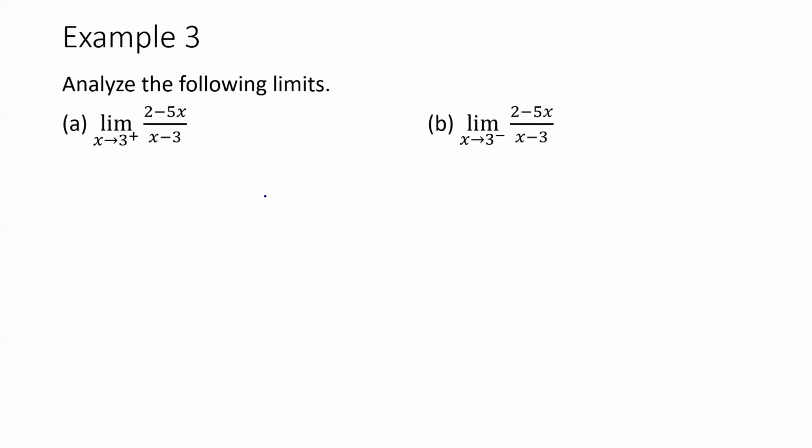So let me do something similar here. Let's look at these examples. We've got the limit as x approaches 3 from the right of (2 minus 5x) over (x minus 3). So let's just think of what happens to 2 minus 5x.